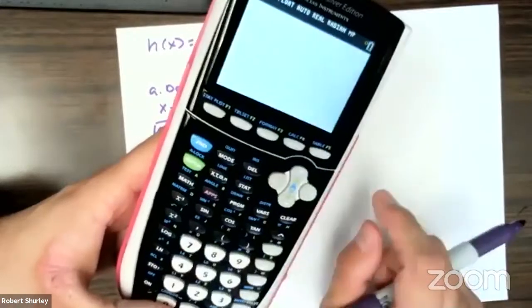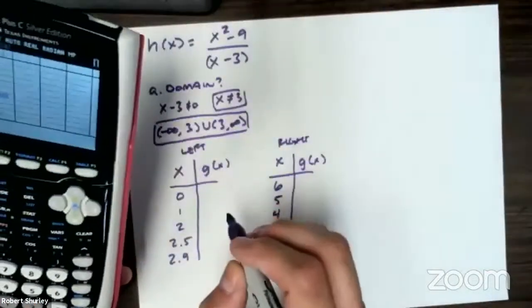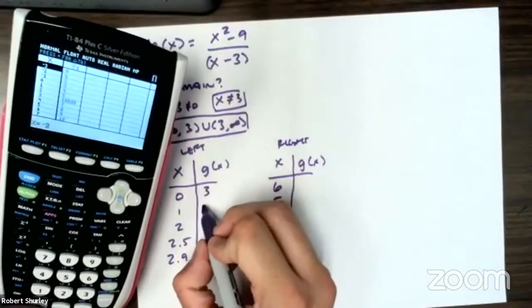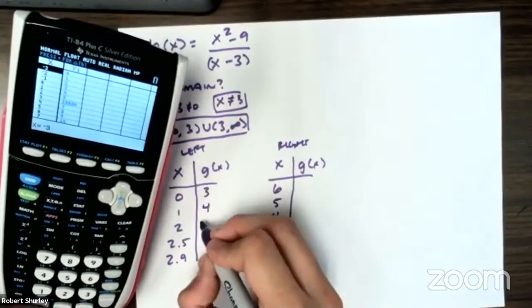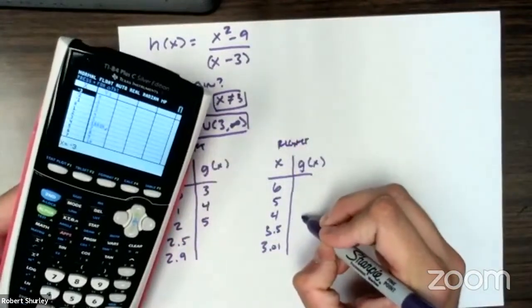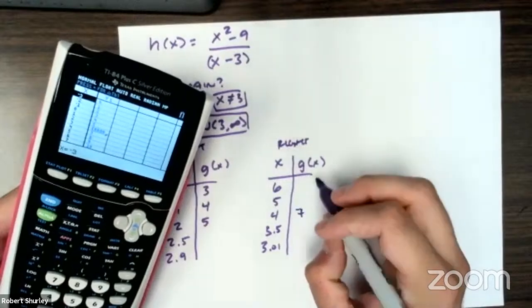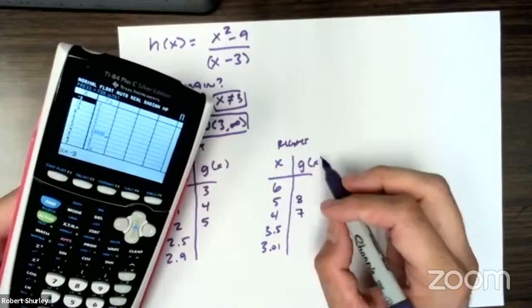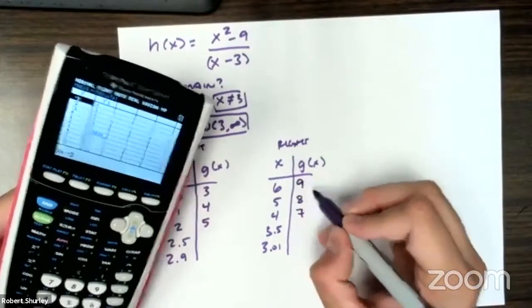When you go to the table, you can fill these out. 0 is just 3. 1 is just 4. 2 is just 5, and look, we get the error again. And then 4 is 7, 5 is 8, 6 is 9.